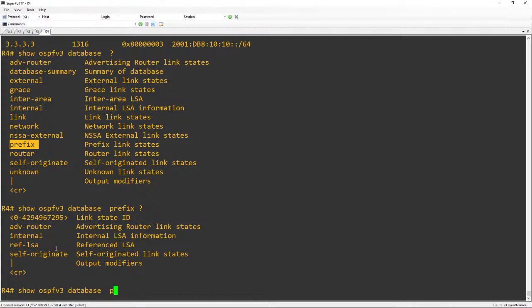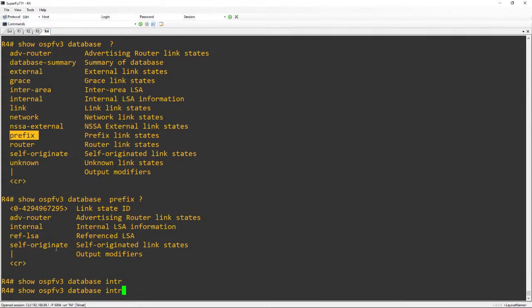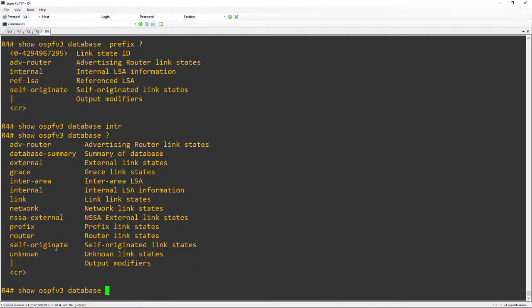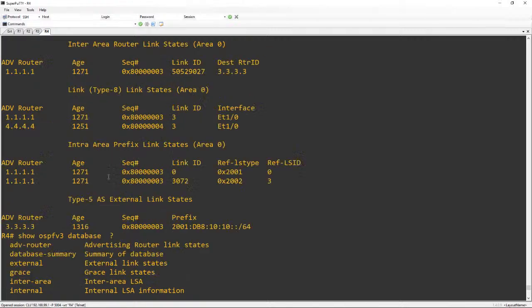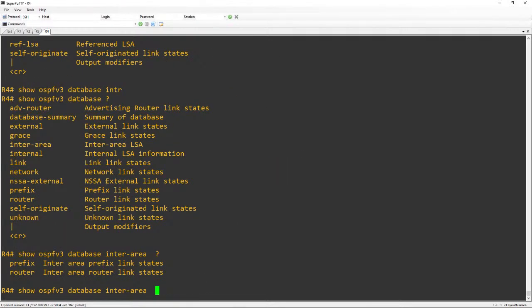Let me see here. Not inter-area, intra-area. Intra-area would be my type 3s though. We're looking for intra-area prefix link states, which would be internal, I believe.